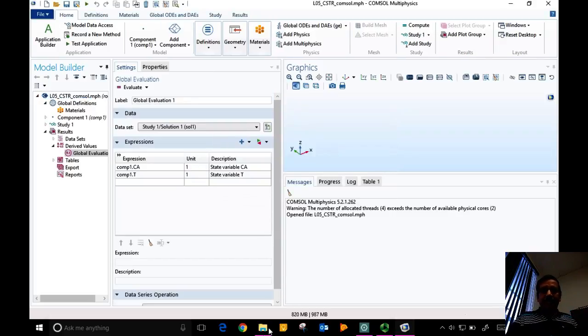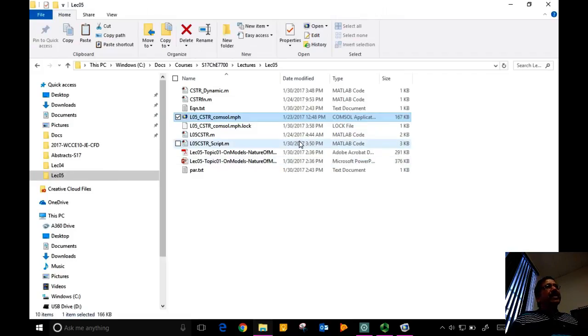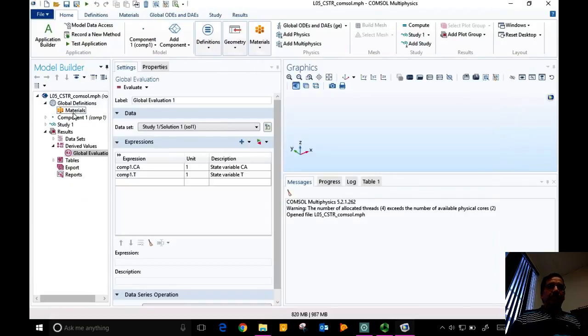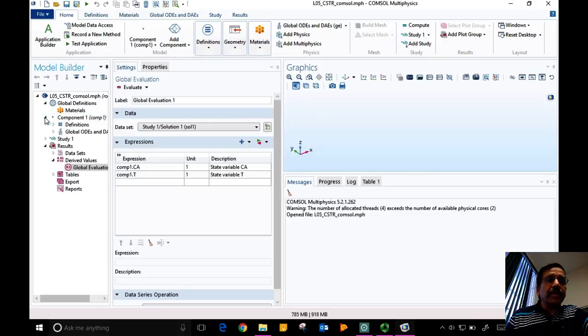COMSOL saves the file, just like MATLAB saves the file as .m file, COMSOL saves it as .mph file. Okay, so when you click on it, it automatically is associated with COMSOL, and it opens COMSOL and reads the entire problem. Okay, so all these folders I have assembled just before coming to the class to kind of speed up things. Okay, so what I want to show here is these definitions.